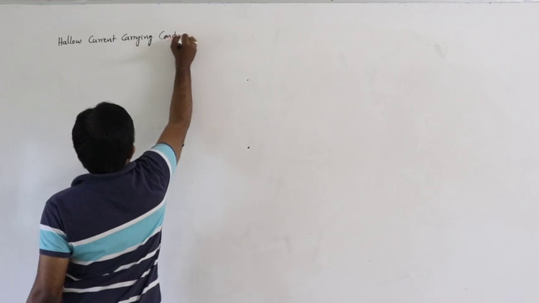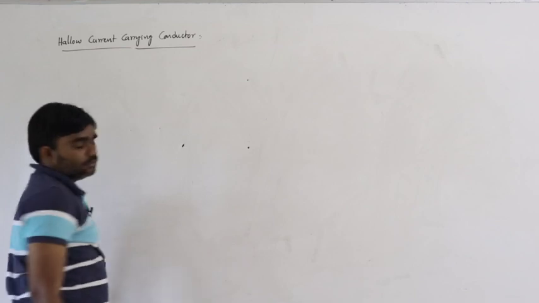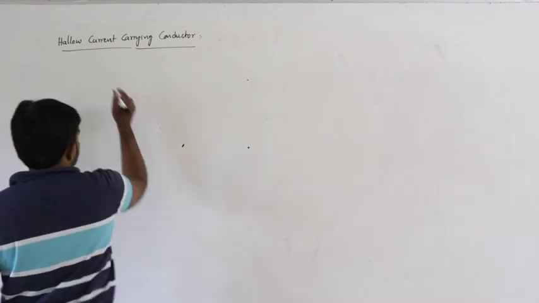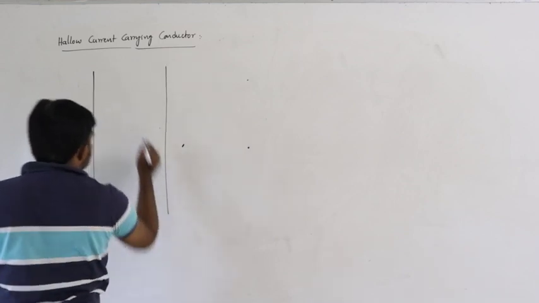Hollow current carrying conductor. How can we calculate the magnetic field here? So hollow current carrying conductor means like this.